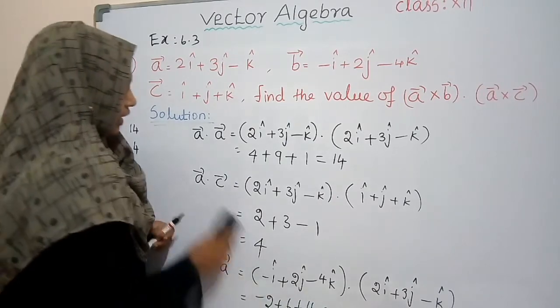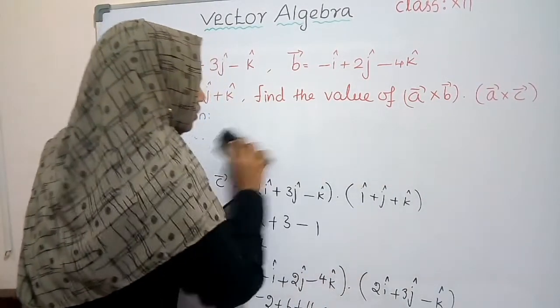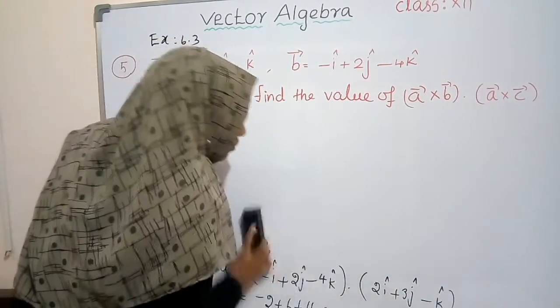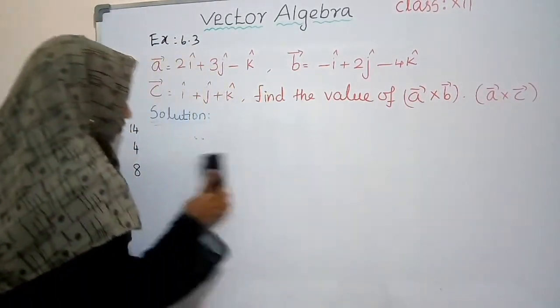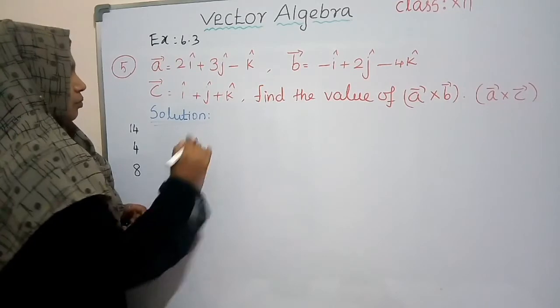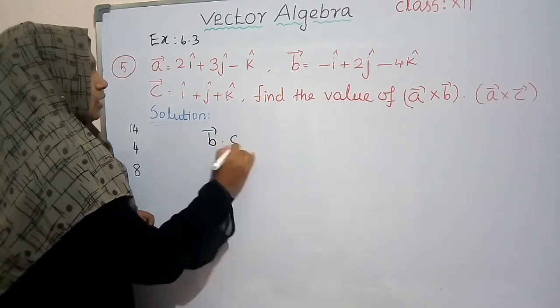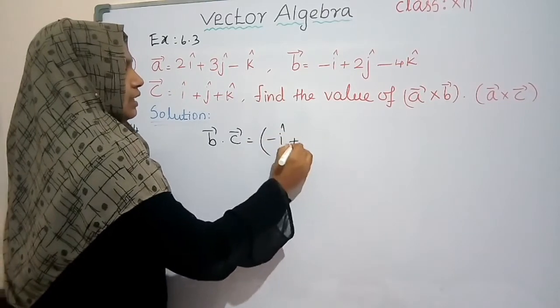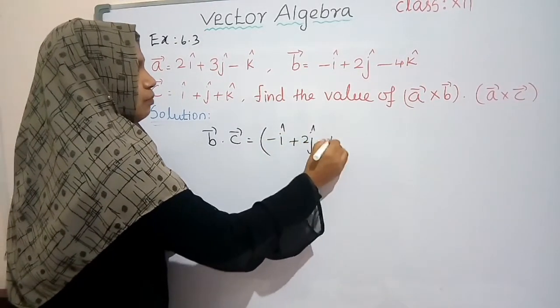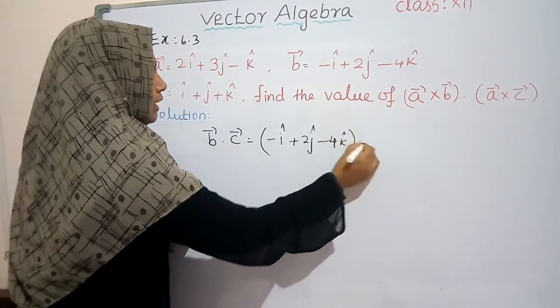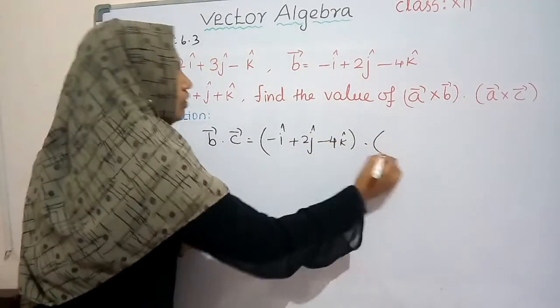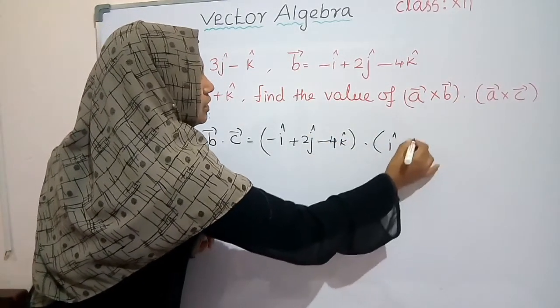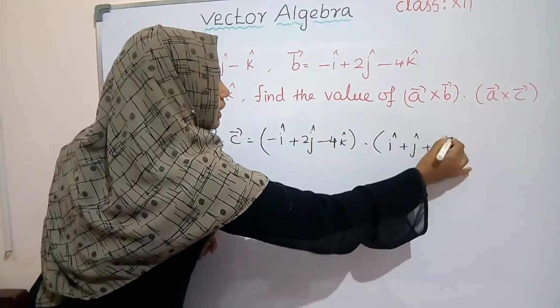After that we can find B vector dot C vector. So write B vector again: minus i cap plus 2j cap minus 4k cap dot C vector value, i cap plus j cap plus k cap.